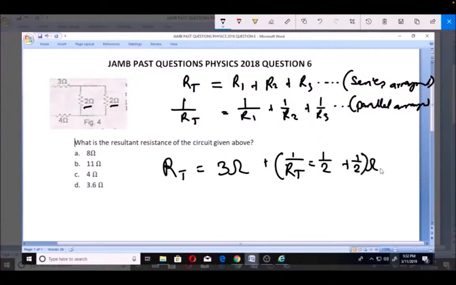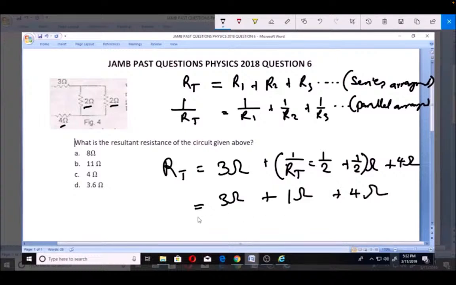Then plus this one, which is also in series with the total arrangement, 4 ohm. Then 1 over 2 plus 1 over 2 is like having 1, because half and half is 1. The inverse of 1 is still 1. So you have 1 ohm plus this 4 ohm here.